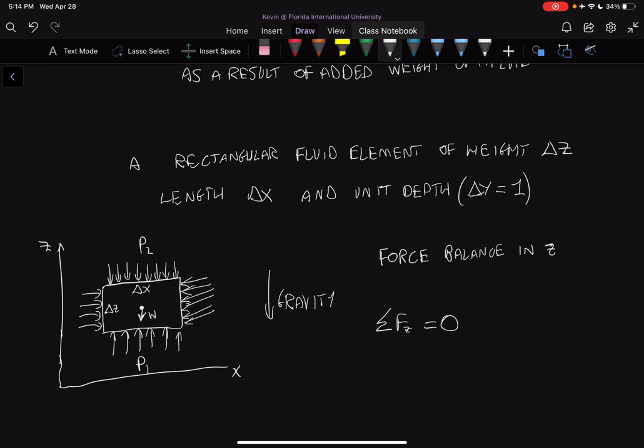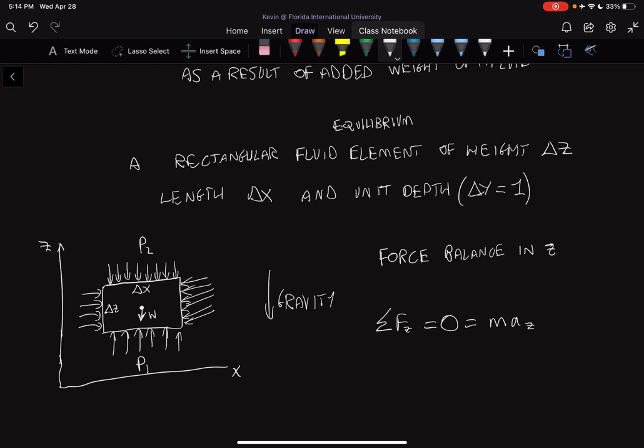Okay, so it's in equilibrium, so our force balance is 0. And we can say that the force in z is equal to the mass times the acceleration in z, just replacing what the sum of forces in z would be equal to.